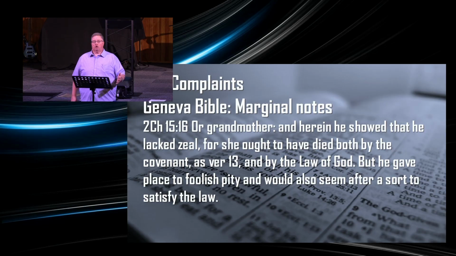And the marginal note in this passage says this, or grandmother. And herein he showed, the king in 2 Chronicles, he showed that he lacked zeal, for she ought to have died, both by the covenant, as verse 13, and by the law of God. But he gave place to foolish pity, and would also seem after a sort to satisfy the law.